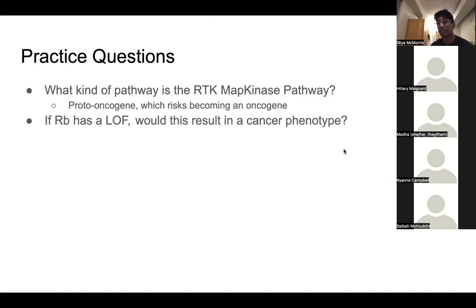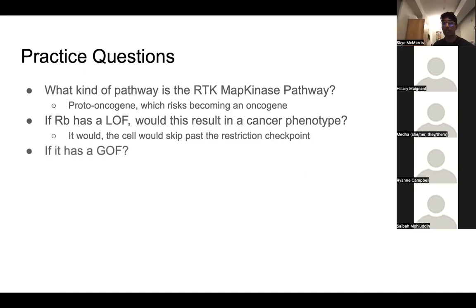So if you have a loss of function in RB as a tumor suppressor, would this result in a cancer phenotype? Yes. Fantastic. The E2F would no longer be regulated, so E2F will be able to act even when it's not supposed to, and you'd get skipping past the restriction checkpoint. It would just slide through, even if it should stop at that checkpoint.